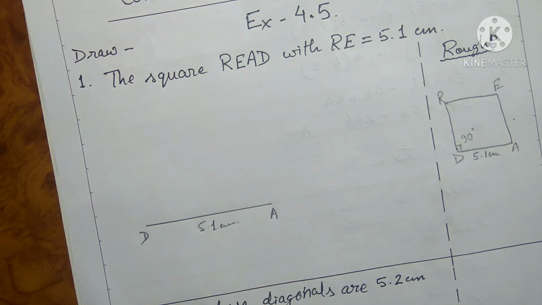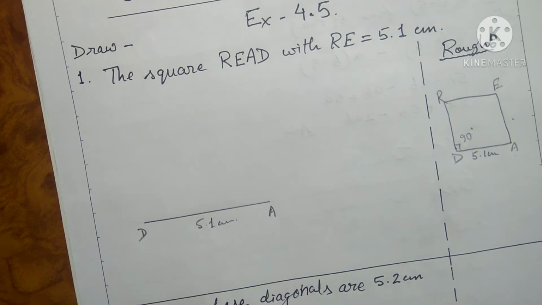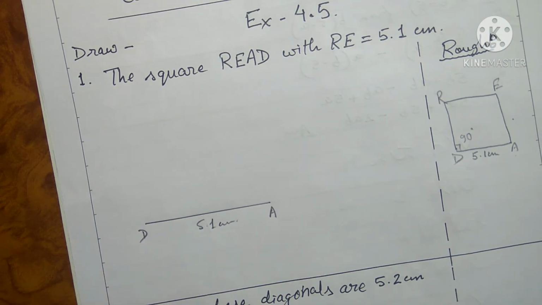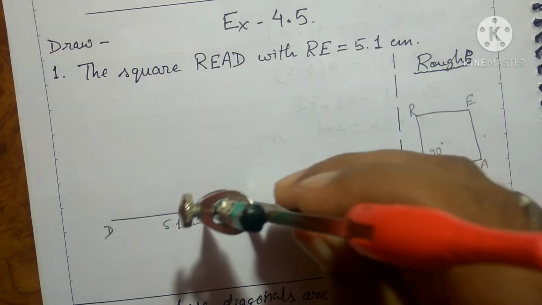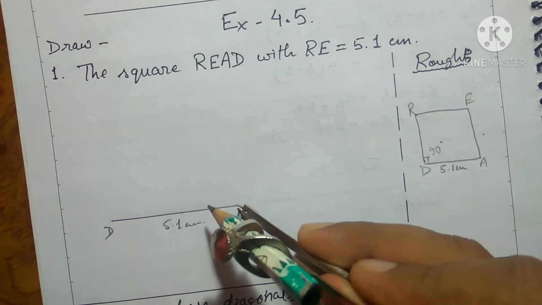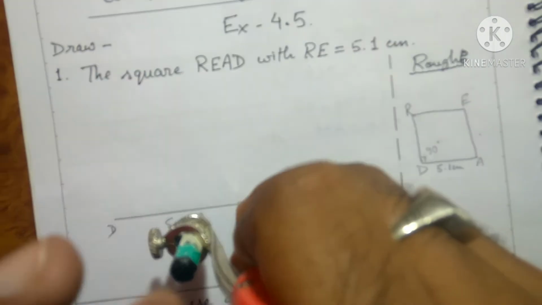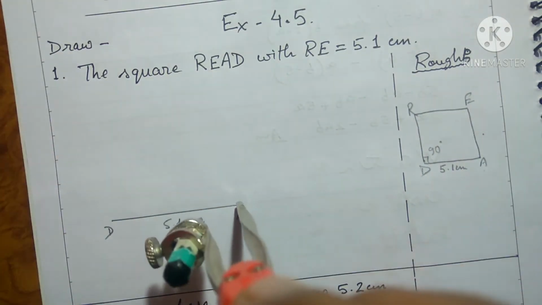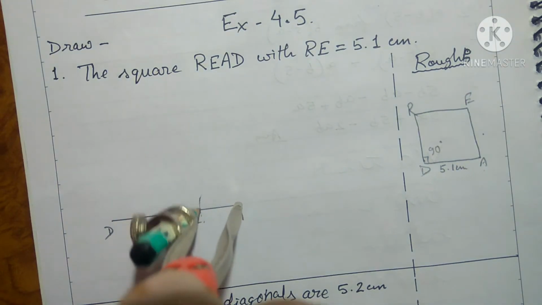After this we are going to draw angles at D and A, that is 90 degree, as we all know. From A as a center we draw an arc like this way.